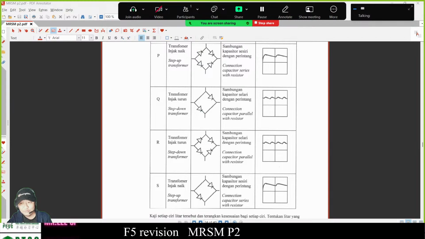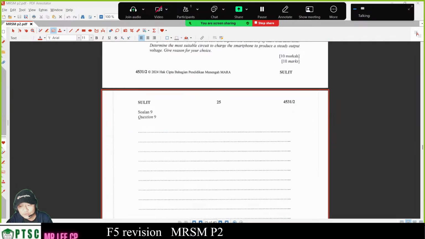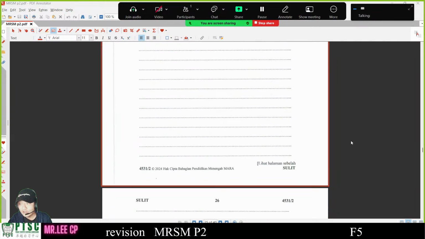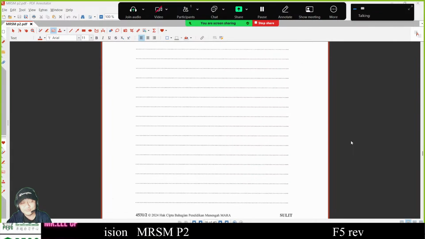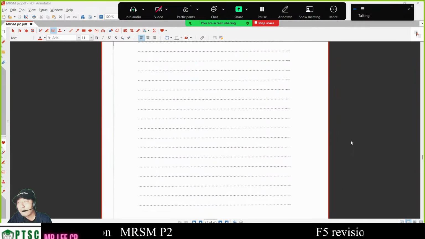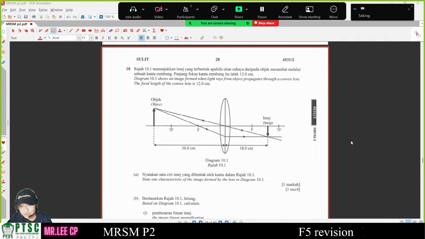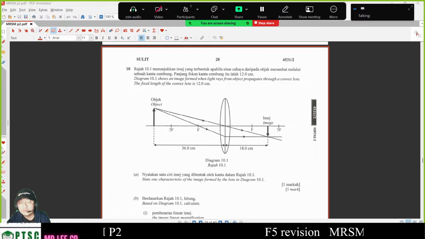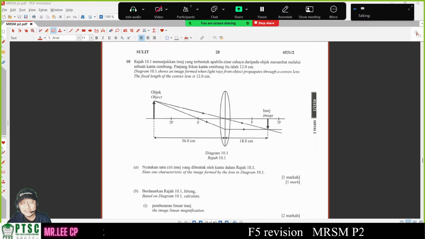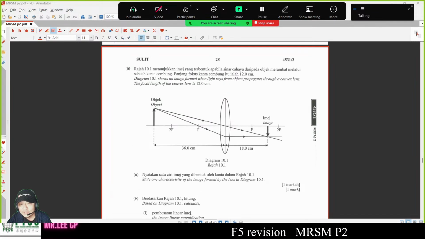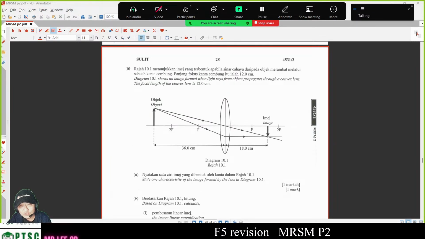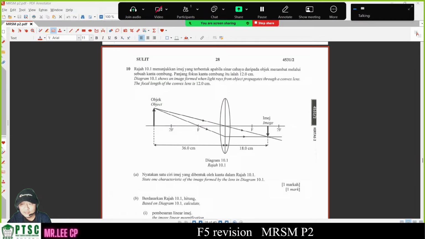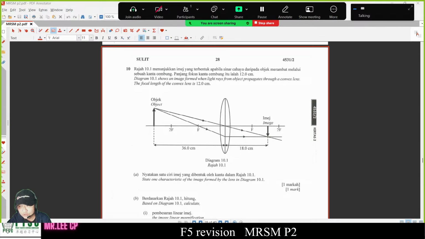If you are not sure, then you can choose another one. So I read another one for you first before we continue, because for 9 and 10 you can choose one. This one is about light. Light normally is not that easy. Diagram 10.1 shows an image formed when the light ray from the object propagates through a convex lens.